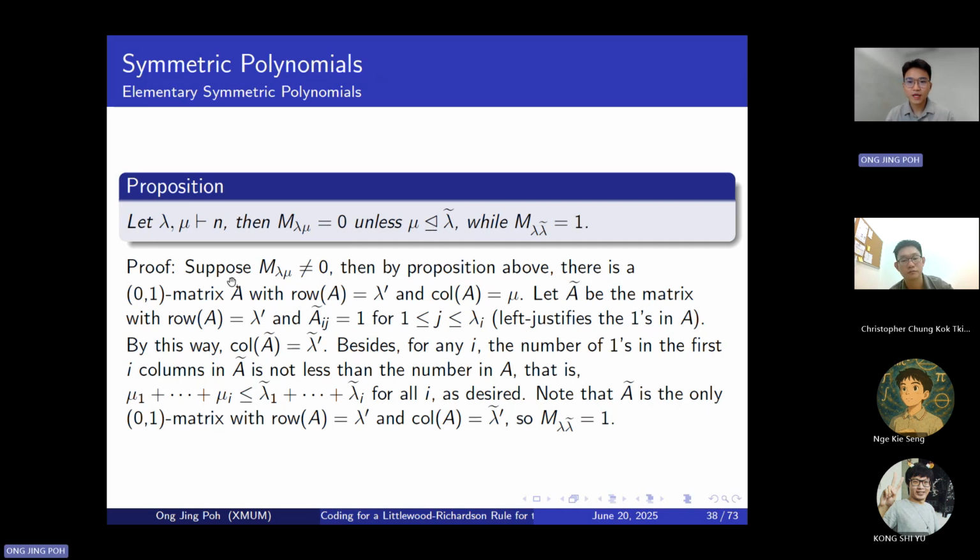So we suppose M lambda mu is not 0, and we let A tilde be a matrix with row sum vector lambda prime and with 1 in position ij for j from 1 to lambda i, which is the left justification of the 1s in matrix A. In this way, the number of 1s in the first i columns of A tilde is not less than the number in A. So we get this inequality, which is what we wanted.